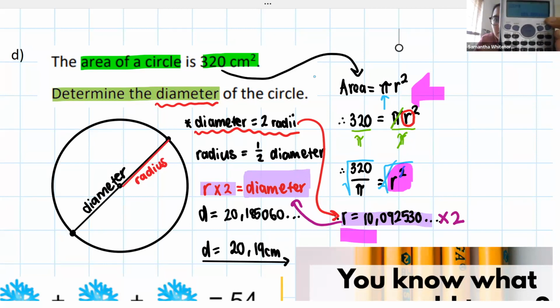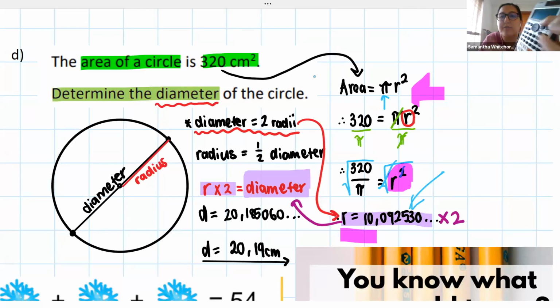The next thing that I want to do, according to my inverse operations that I've written down, is square root that answer of 320 divided by pi. And once you square root that, you get the 10,0925 blah, blah, blah, which is this answer down here in the purple. That is your radius.